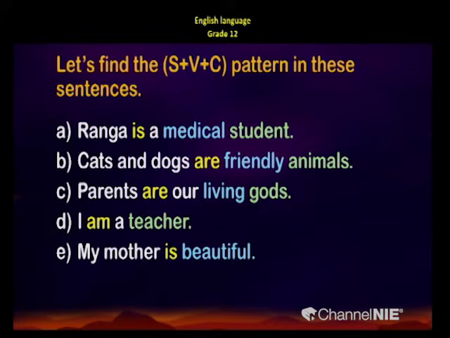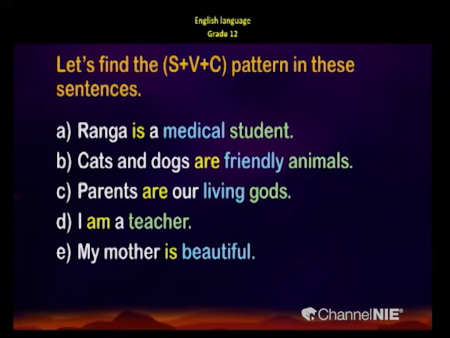So the be verbs. Can you please tell me the subjects of these sentences? Sentence A, Ranga; sentence B, cats and dogs; sentence C, parents; sentence D, I; sentence E, my mother.